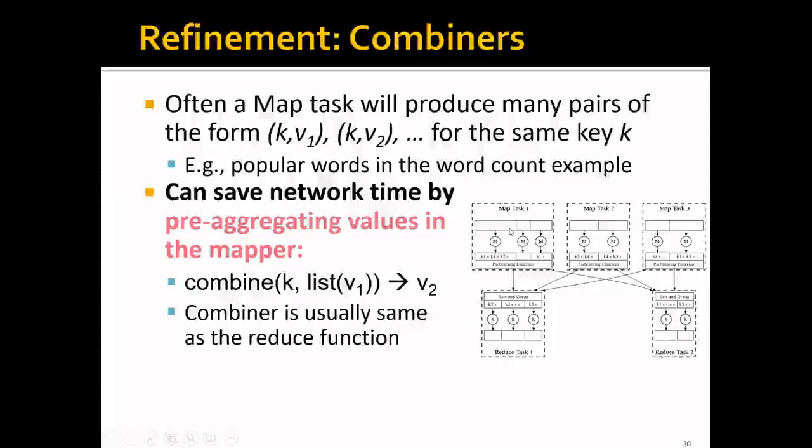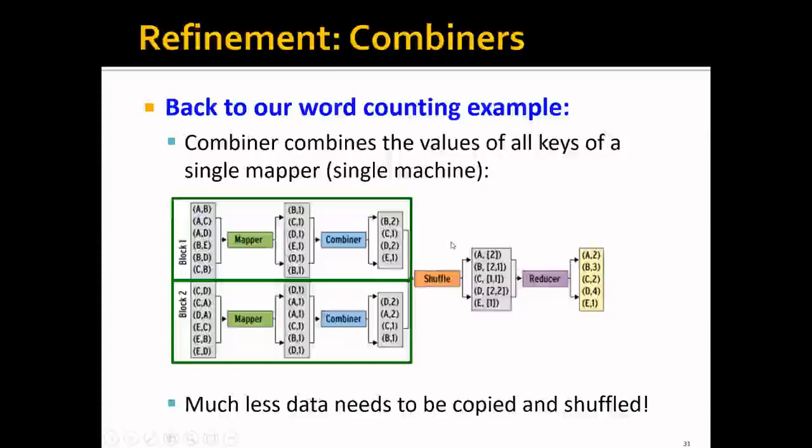And this is basically doing the same thing as the reduce function, just you're not doing it in the reduce node, you're doing it in the map node. Back to the word counting example, more concretely, if you look at this figure, you can see that the mapper will just map the input key value pair into some key value pairs with the keys B, C, D, E, D, B, and the values all being 1.